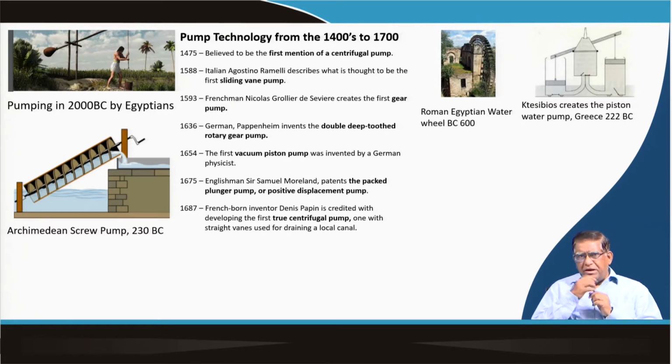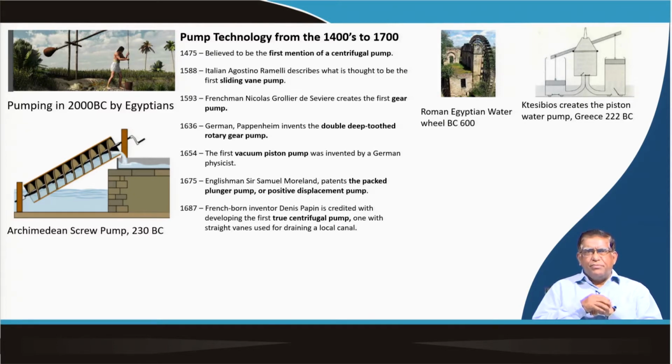Even now such systems are there in some very small hydel projects, where water is lifted and kept over there, and then you can create electricity. Some small rivulets have a small dam, and on that they take the water by an Archimedean screw pump. Still today it is used in many places. So, you can see the history of development of this pump.